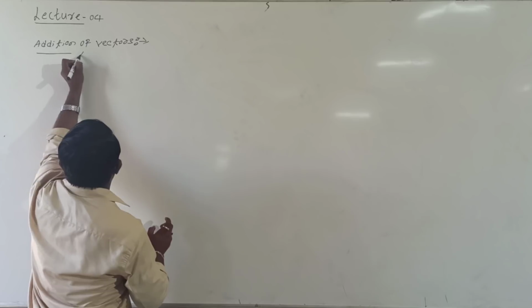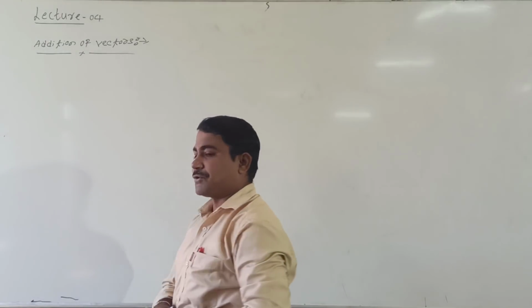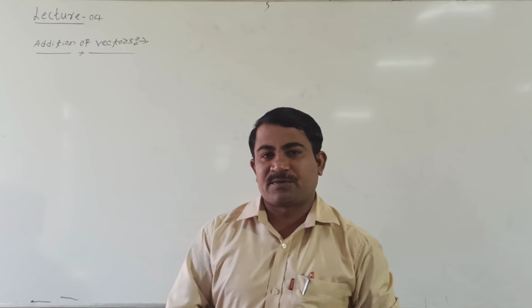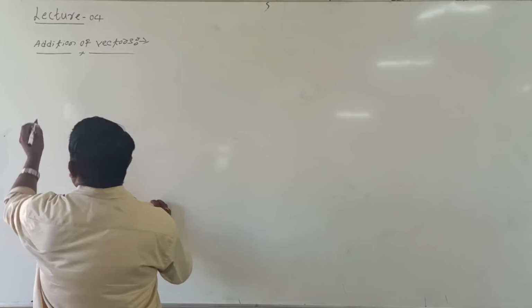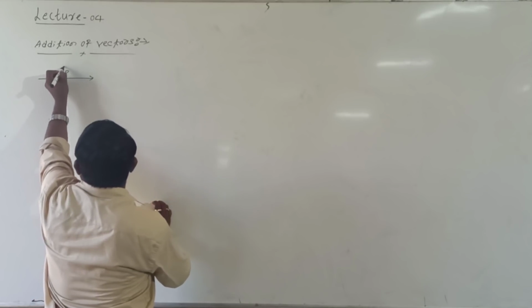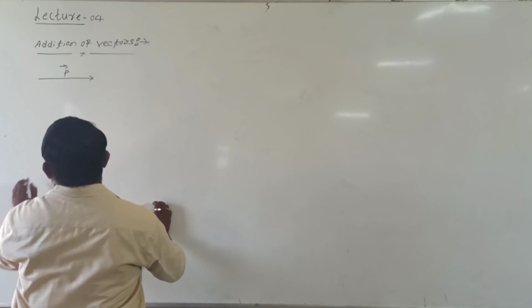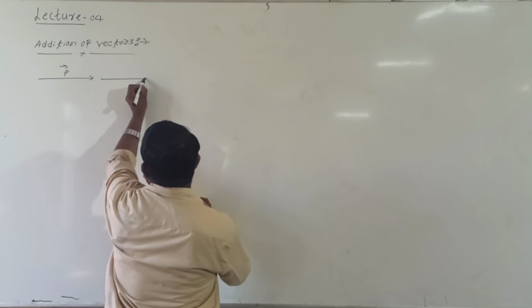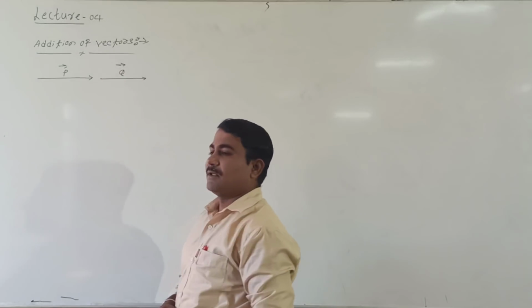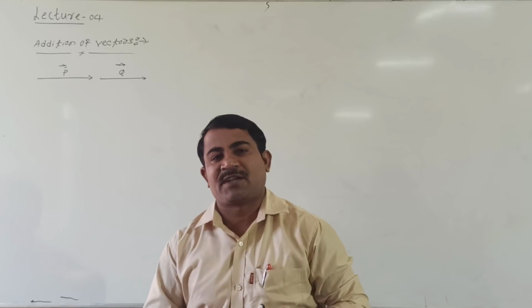Let us take two vectors. If two vectors are parallel to each other, see here how they are. Let me call this vector p vector, and I will take one more vector, this is the q vector. Here two vectors are in the same direction.